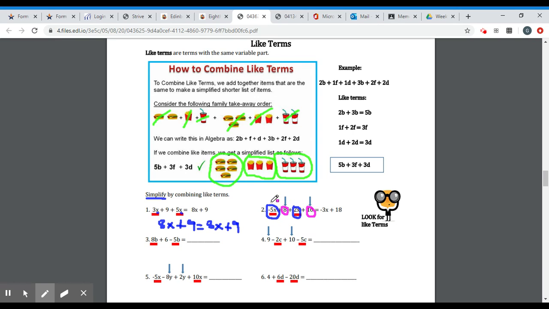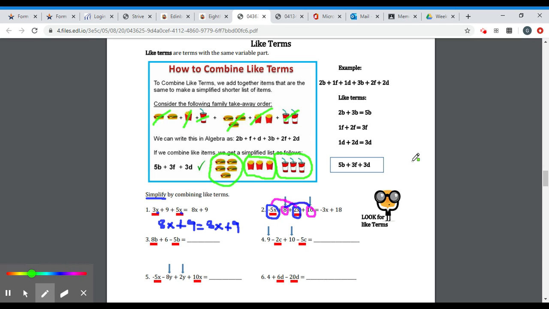So I'm going to combine this with this and this with this. Okay. It doesn't matter which one you do because we are adding. With addition, it doesn't matter which order you do it.